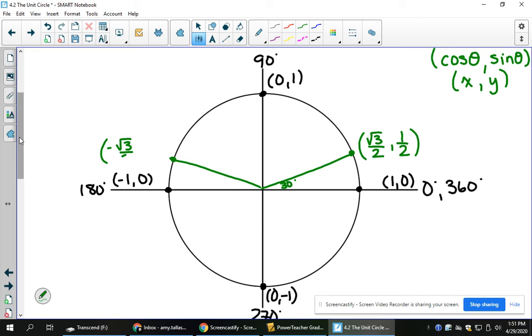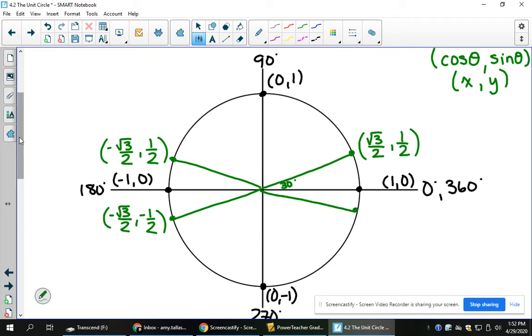So the numbers are still the same, but you can see my x value is negative. What would happen if I then took that point and I flipped it over the x-axis? The x value doesn't change, but the y value is now negative. This is how we reproduce the entire unit circle, knowing only 3 values.